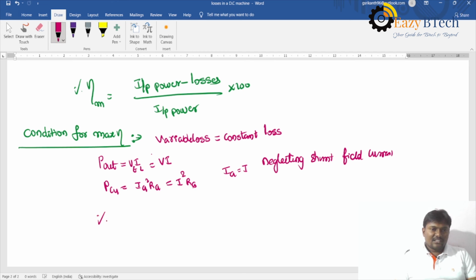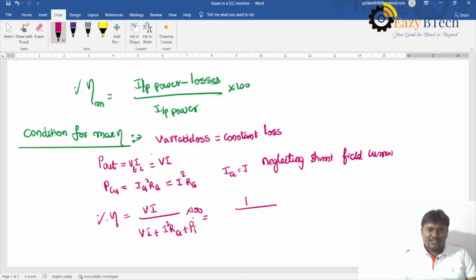So percentage efficiency is equal to output power divided by output power plus Ia square Ra plus constant losses, multiplied with 100.